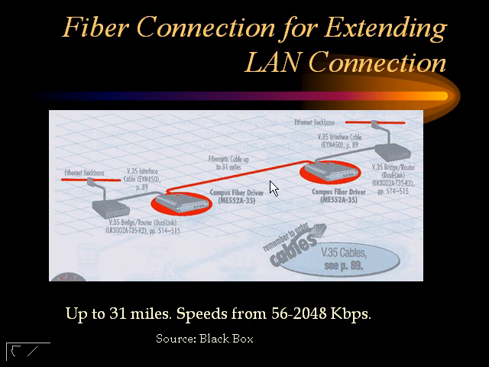The device that is used in this case is known as the campus fiber driver. These drivers enable electronic signals to be converted into fiber optical signals and to be transmitted over longer lengths of transmission line.